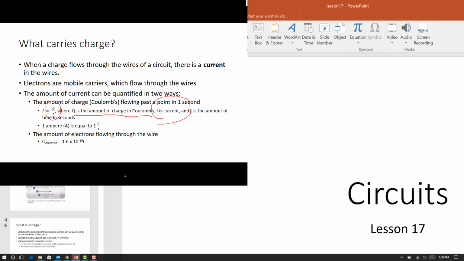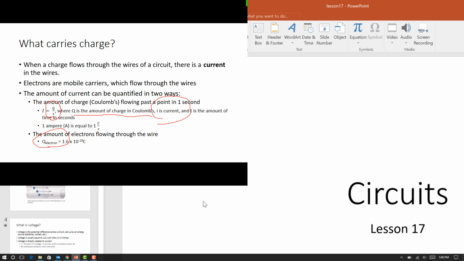And so in order to do that, you have to know that the charge of a single electron is equal to 1.6 times 10 to the minus 19 coulombs. So to get a coulomb of charge, you need an enormous amount of electrons. If each electron has a charge that is roughly equal to 10 to the minus 19 coulombs, you need 10 to the 19 electrons to get 1 coulomb of charge. And 10 to the 19, that is an enormous number.